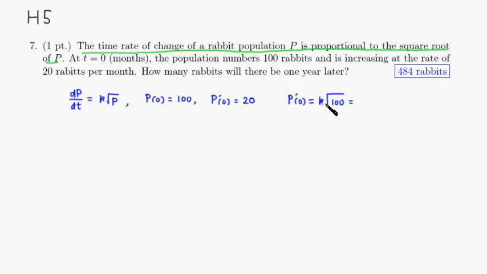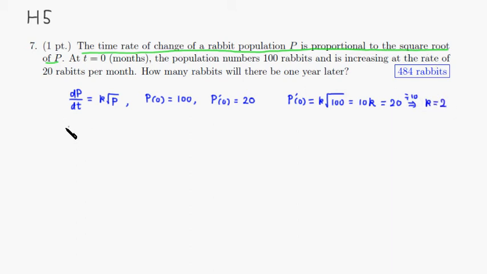So that's 10, so it's 10K. And this is supposed to be equal to 20. So this means that K is, dividing through by 10, K is 2.